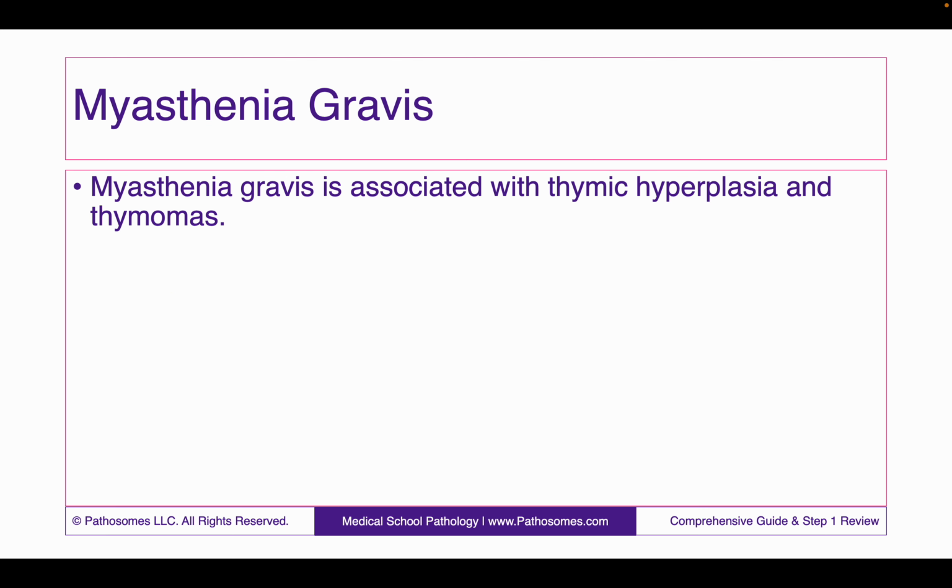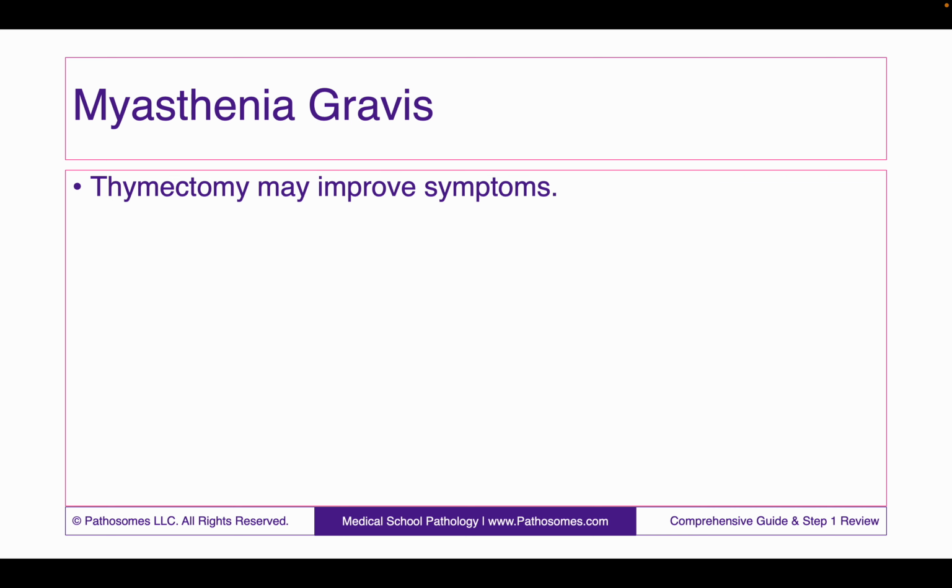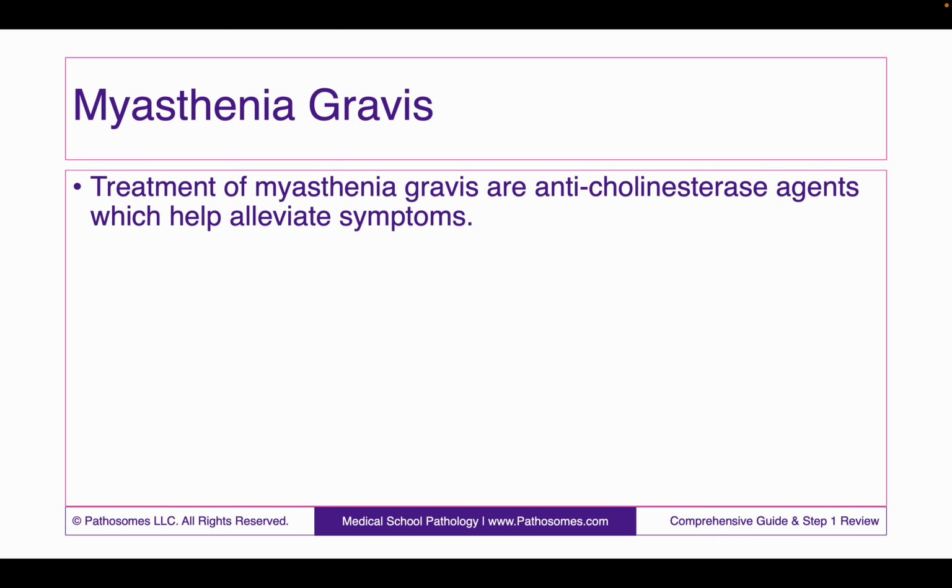Myasthenia gravis is associated with thymic hyperplasia and thymomas. A thymectomy may improve symptoms. Treatment of myasthenia gravis is with anticholinesterase agents, which help alleviate symptoms.